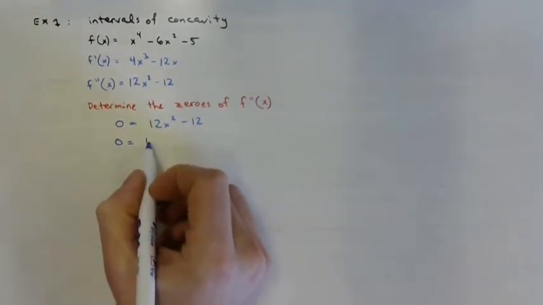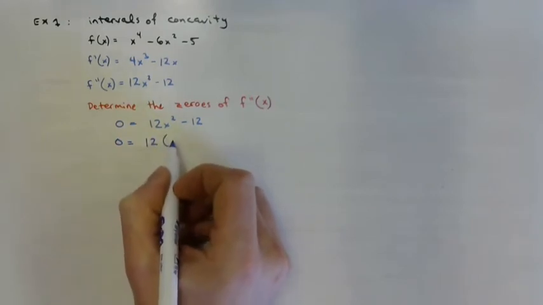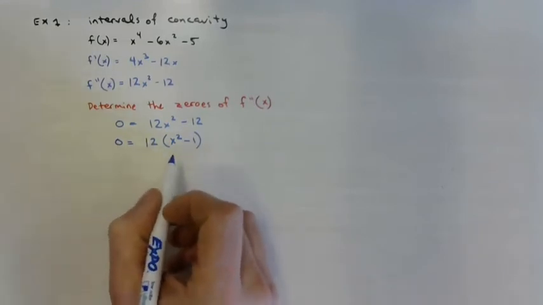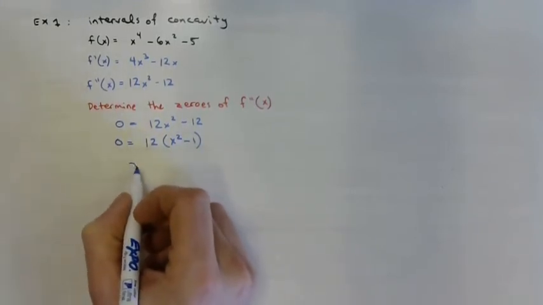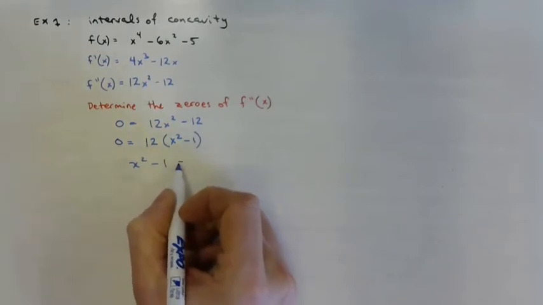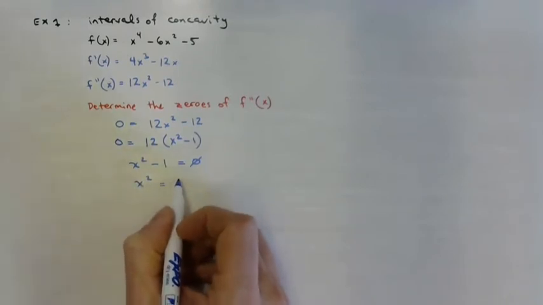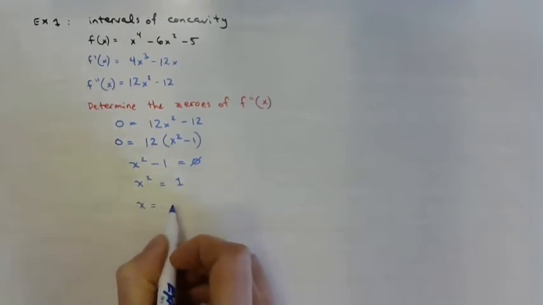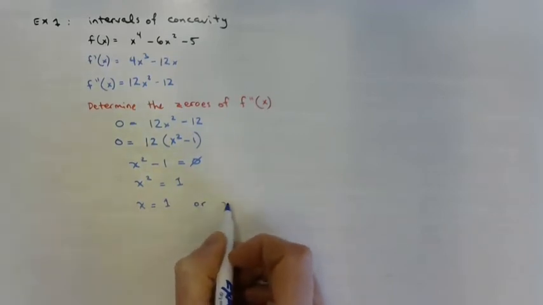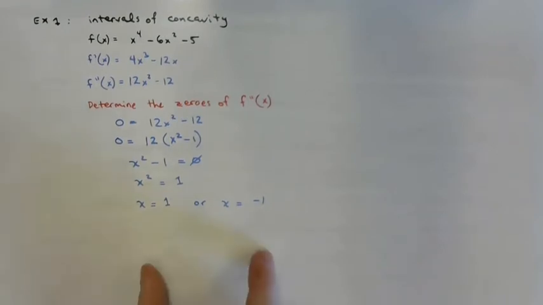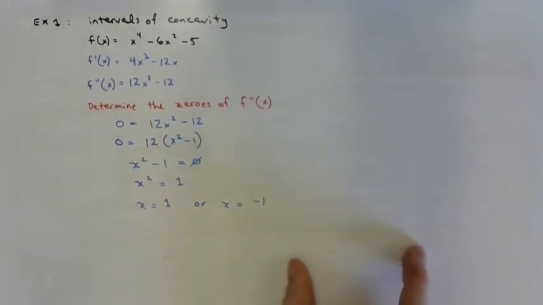We get 12, and in brackets, x squared minus 1. To solve for this, we're looking for values that cause x squared minus 1 to equal 0. So x squared equals 1, which means x equals positive 1, or x equals negative 1. So now these values divide the domain into 3 sections: to the left of negative 1, in between negative 1 and 1, and to the right of positive 1.